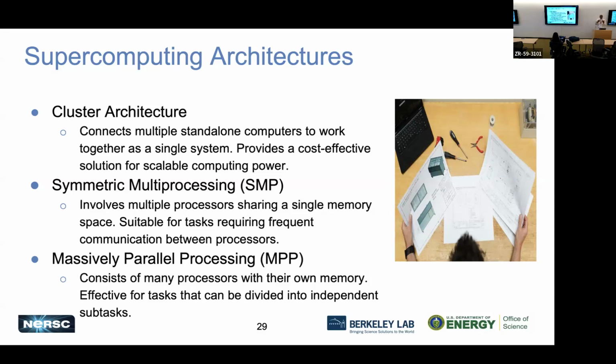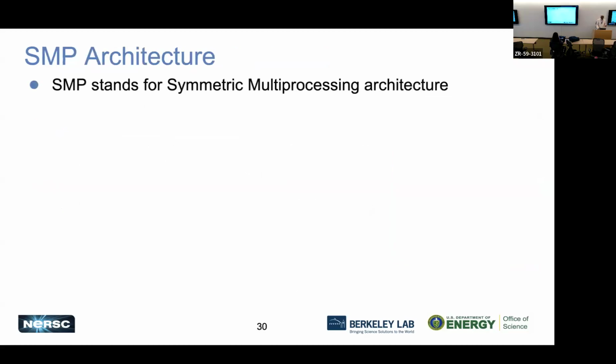And then those are able to do frequent communication between those processors more effectively because the memory is shared. And then you have massively parallel processing systems as well. And those are just many processors with their own memory, able to do tasks accordingly based off of those memory requirements. So those are some of the different architectures that we have in a general sense.